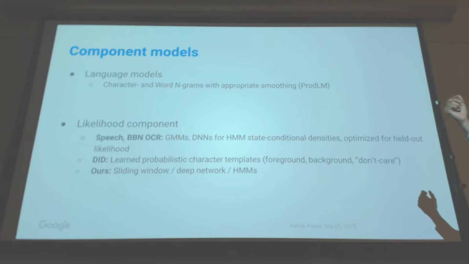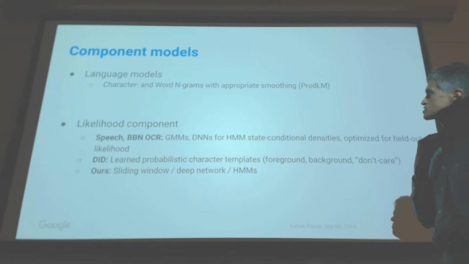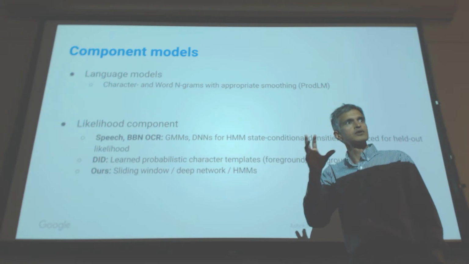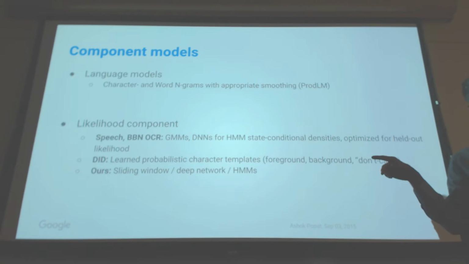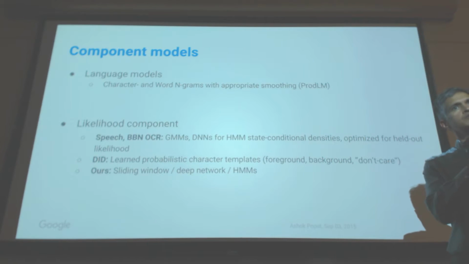So our language models are character and word n-grams with appropriate smoothing. And for the likelihood component, historically in speech, the idea was to have HMMs for the individual things you're trying to recognize, concatenate those together to get a search graph, find the best sequence of states, and then read off what characters those belong to.